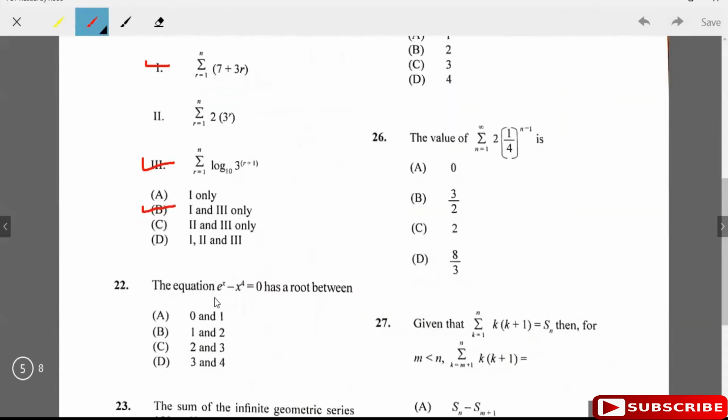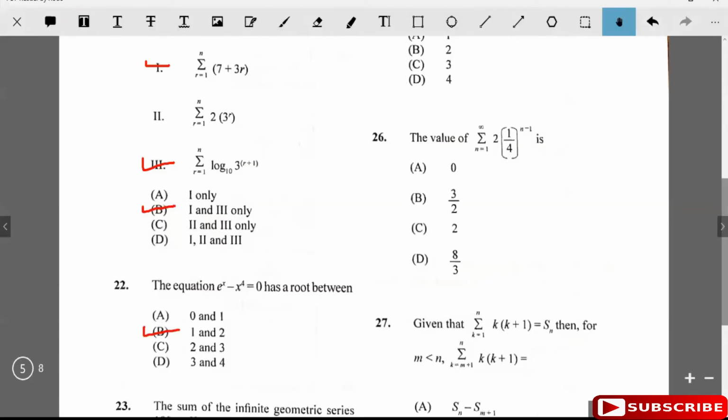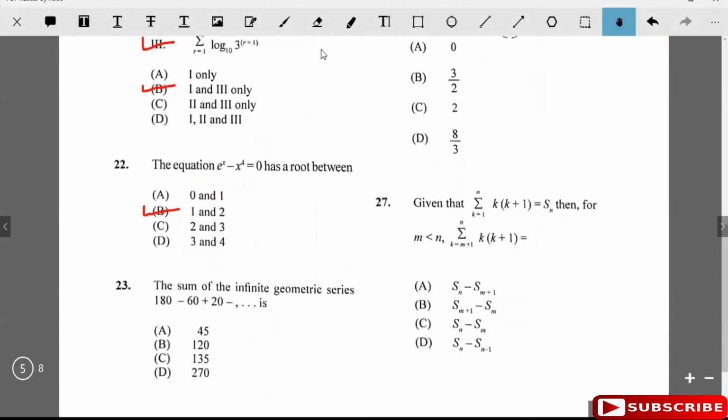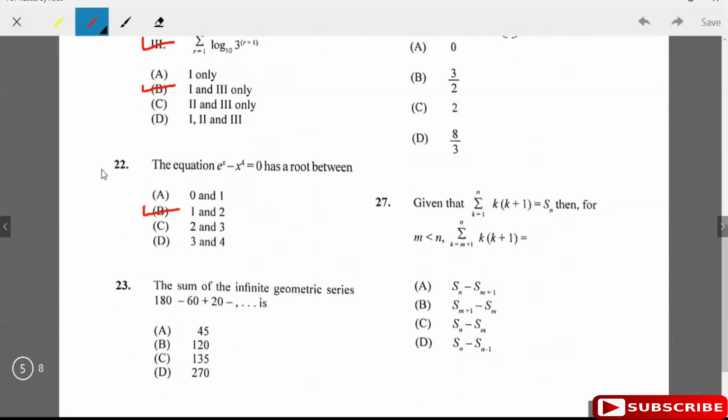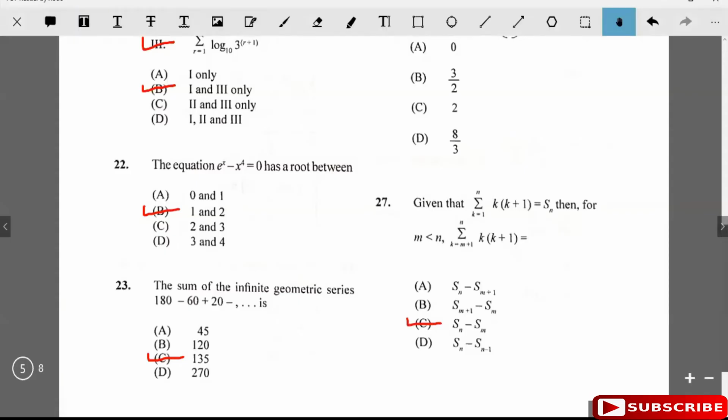E. Boy, 1 and 2. Nice. Question 23. We just did this question. What's 23? 135. Nice. What's question 27? Yeah. E. Nice. So many questions repeat.